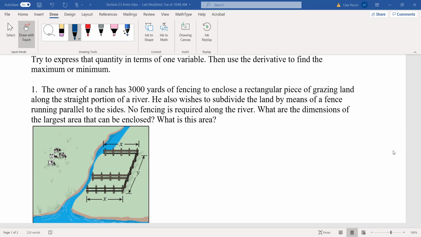So the question is, what are the dimensions of the largest area that can be enclosed? That's what we're trying to find. So we want to maximize the area is what we'll take away from that.